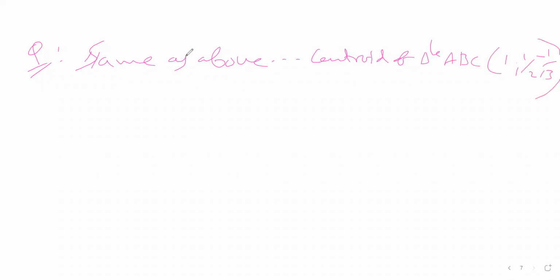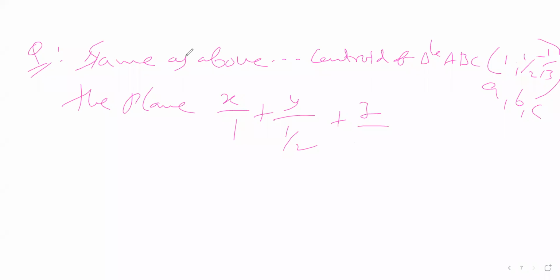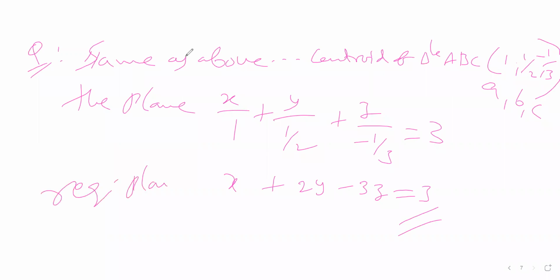Then the equation of such a plane, using the formula, is x by small a, small b, small c: x by 1 plus y by 1 by 2 plus z by minus 1 by 3 equals 3. You may get confused because we are used to equals 1; you have to habituate yourself to where it is 1 and where it is 3. On simplifying this you will get x plus 2y minus 3z equals 3. So this is the required plane equation.